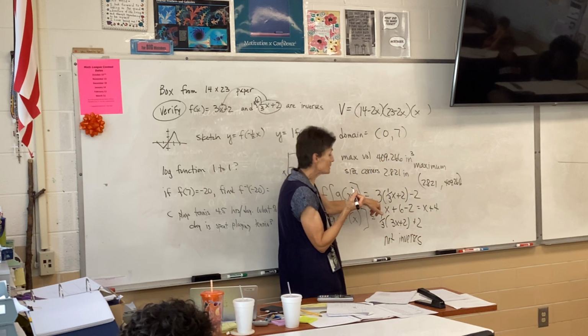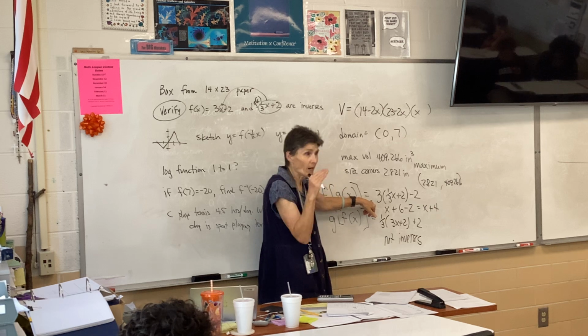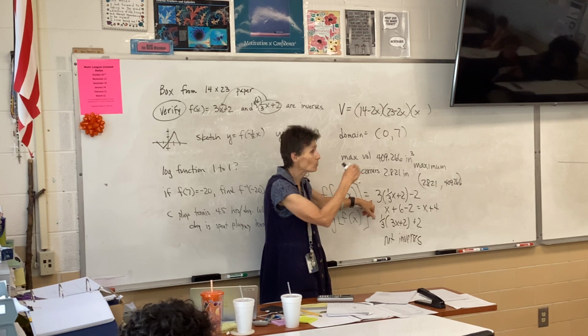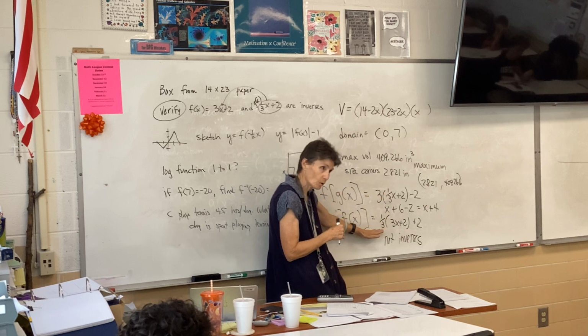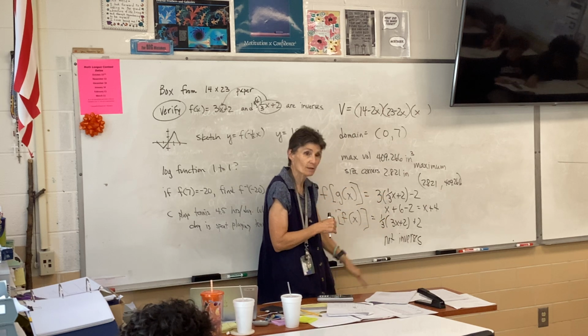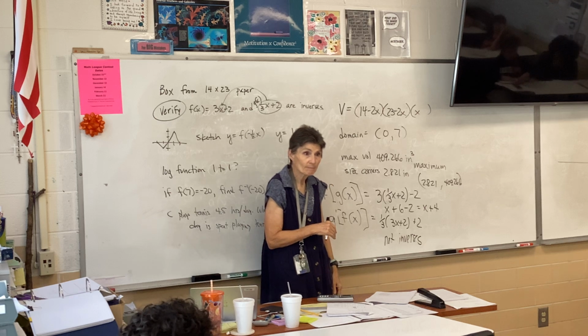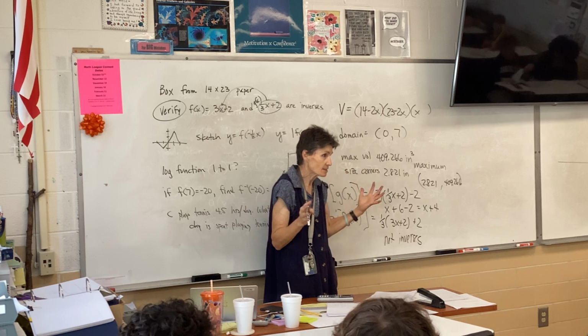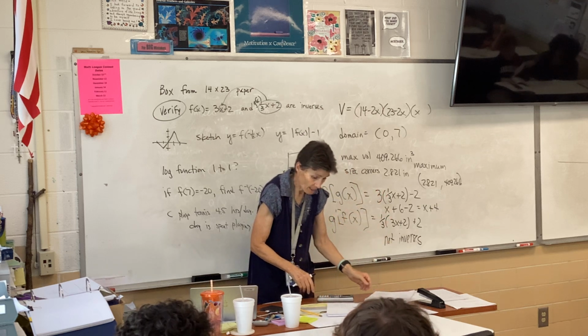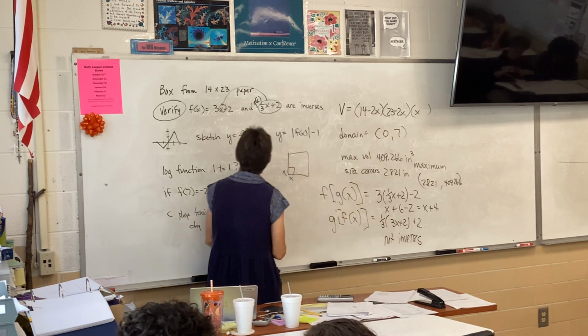Now, if this one doesn't work, you're done, because they both have to equal x. But if this one does work, then you're going to go on to the other one. All right, got it? What am I up here doing? Guaranteed test questions.